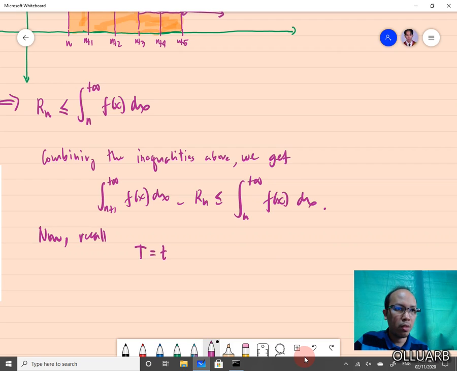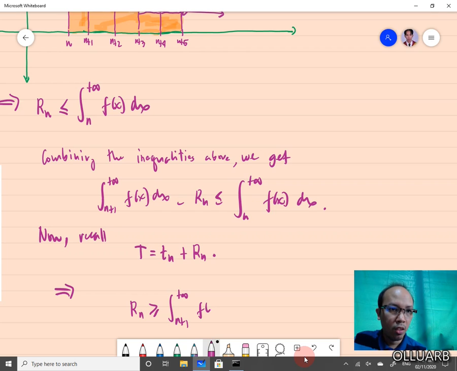Did you remember this one? Plus r sub n. Okay, remember that inequality. So this implies that, remember this also, this inequality in the first graph, n plus 1 to positive infinity f of x dx.